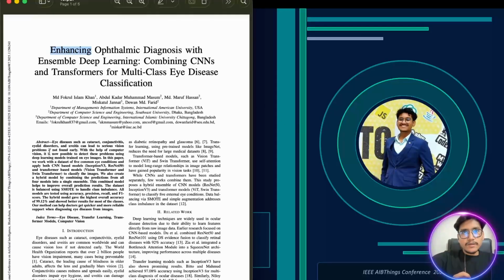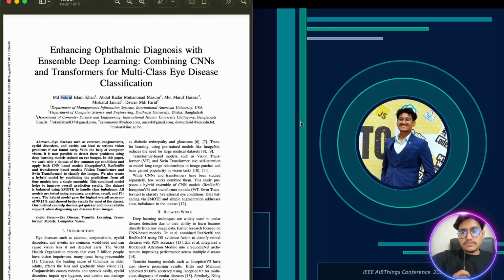This paper was published at the 2025 IEEE AIBThings International Conference, the third international conference on artificial intelligence, blockchains, and Internet of Things. It was authored by researchers including MD Fakhrul Islam Khan, Abdul Kader Muhammad Masoom, MD Maruf Hassan Sir, and also others.